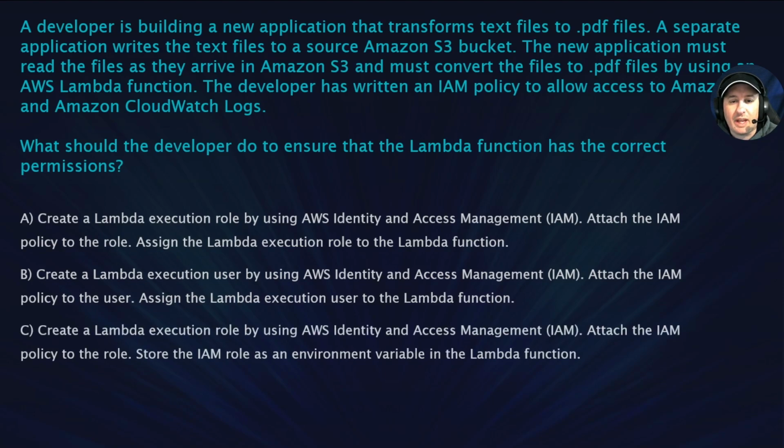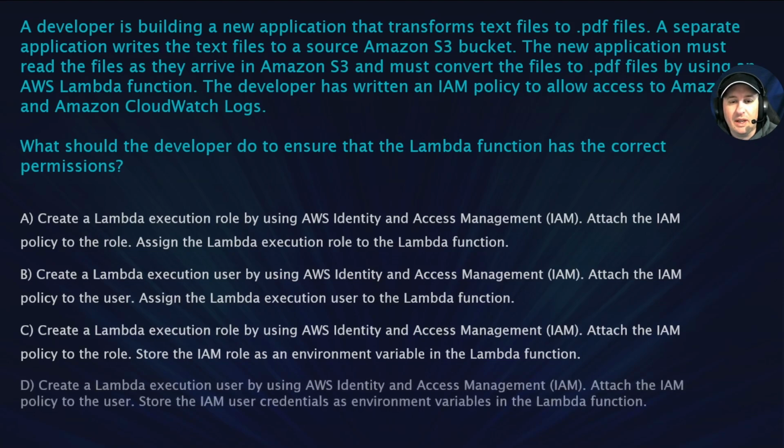C, you would create a Lambda execution role by using IAM and attach the IAM policy to the role. Then you store an IAM role as an environment variable in the Lambda function. And the last option is to create a Lambda execution user by using IAM and attach the policy to the user. Finally, you store the IAM credentials as environment variables in the Lambda function.